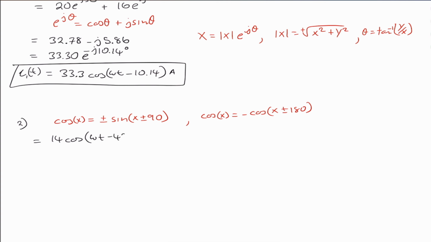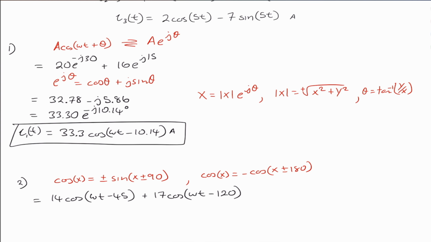So that's negative 45 degrees, plus 17 positive cosine omega t. And here we had a positive 60, so we subtract 180, so we're left with 120. Now we can then go ahead and convert that to the phasor domain using our time domain to phasor domain relationship.